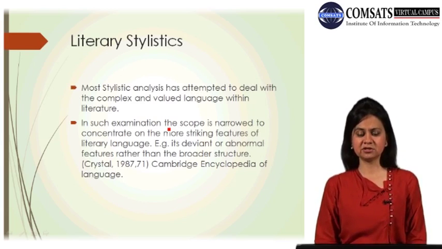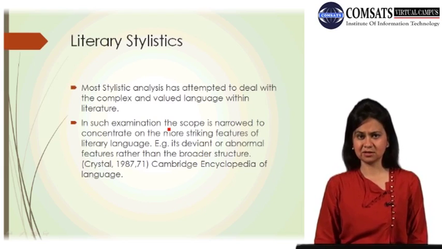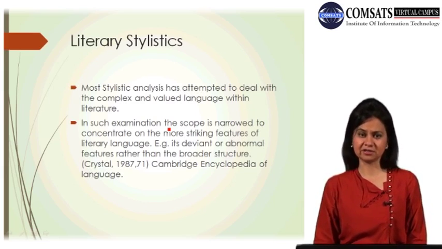So, the deviant and striking features are the abnormalities of language, the curiosities that a reader encounters in the text. These features might also be the broader structure or composition of the text and the language. So, literary stylistics focuses its attention on the abnormalities, the curiosities, and the deviations that occur in literary writings.